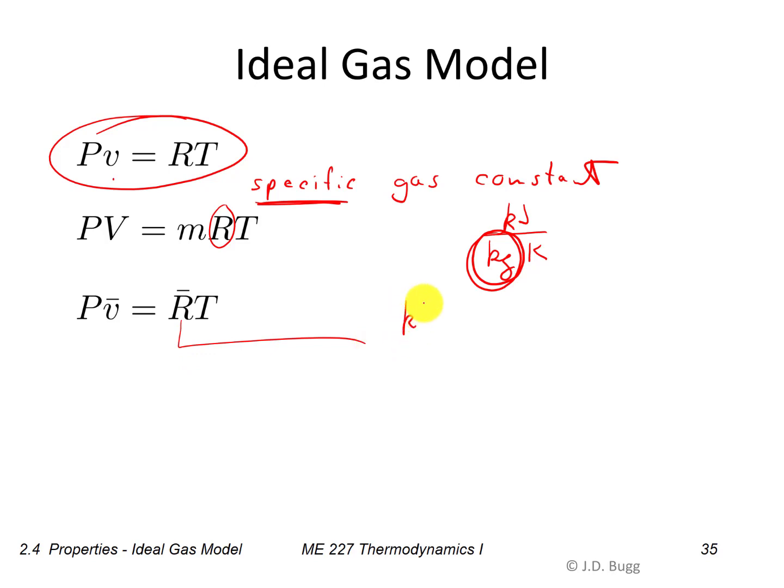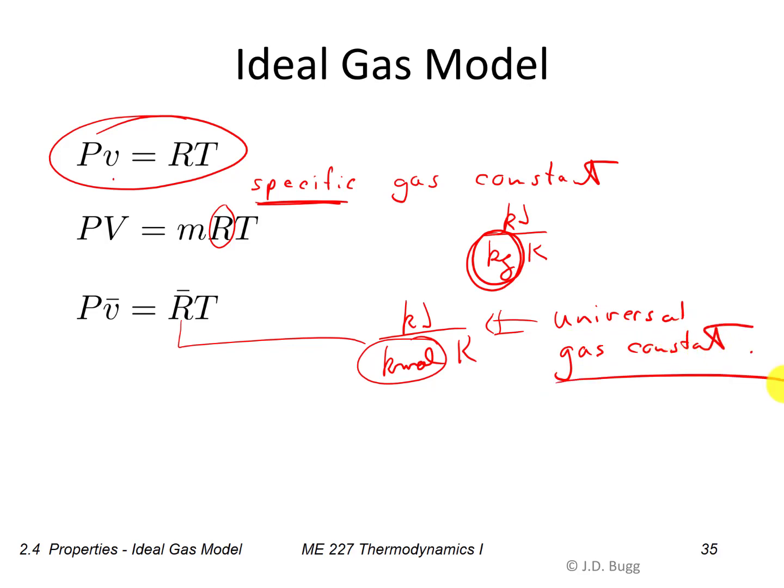So its units in SI would be kilojoules per kilomole degree Kelvin instead of per kilogram. So this is also known as the universal gas constant. So R bar is the universal gas constant. And that's the one that you might remember from chemistry class. That's the 8.314 kilojoules per kilomole degree Kelvin.